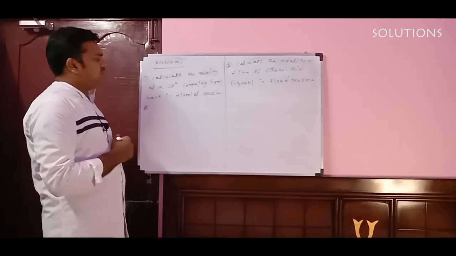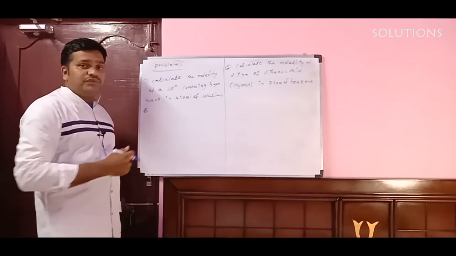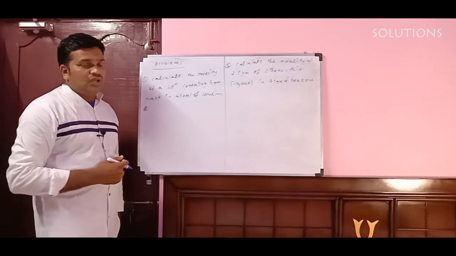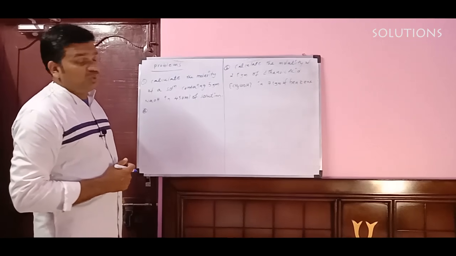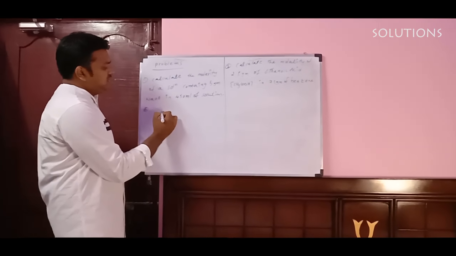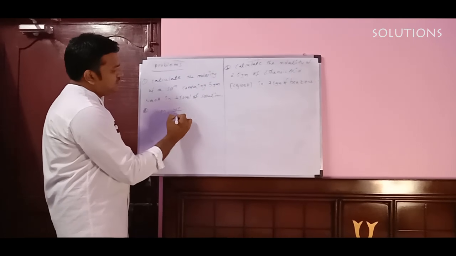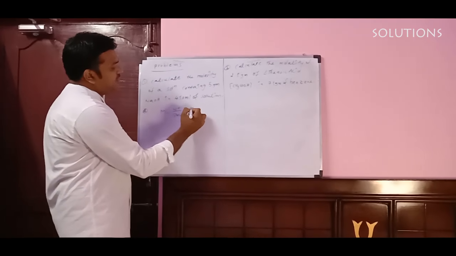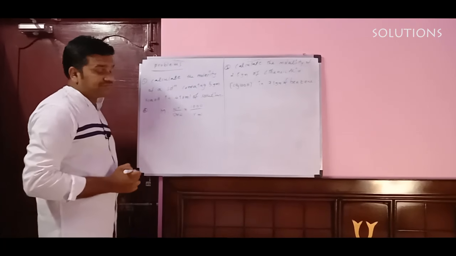First, what is the formula for molarity? Molarity M is equal to weight by gram molecular weight into 1000 by V in ml.